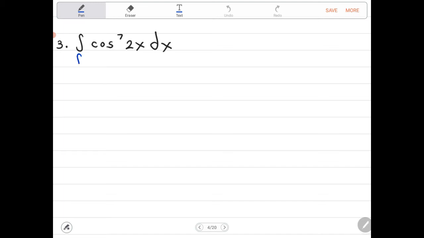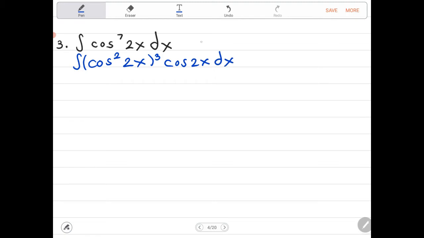So we have cosine squared 2x. Be careful of the angle, no? The angle is 2x. Cube, then cosine 2x dx.